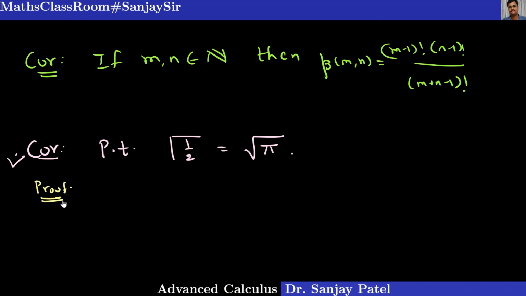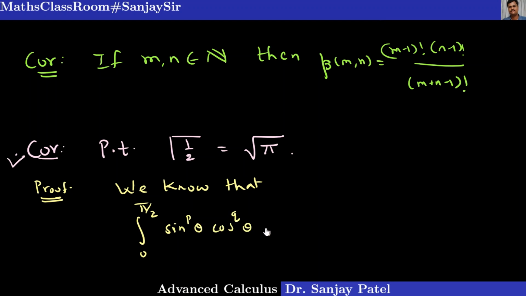I will start with one result of the beta function. We know that the integral from 0 to pi by 2 of sin raised to p theta into cos raised to q theta, if you remember, is equal to 1 by 2 times beta of (p plus 1) by 2 comma (q plus 1) by 2.